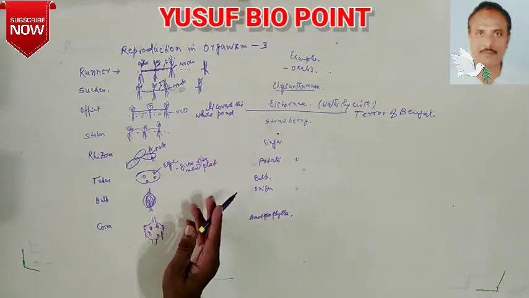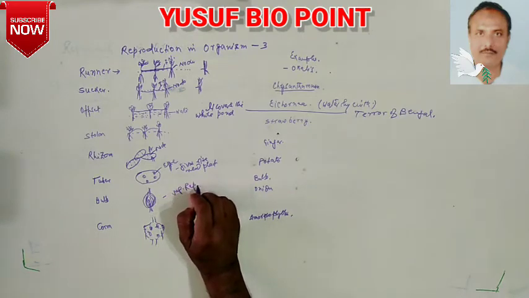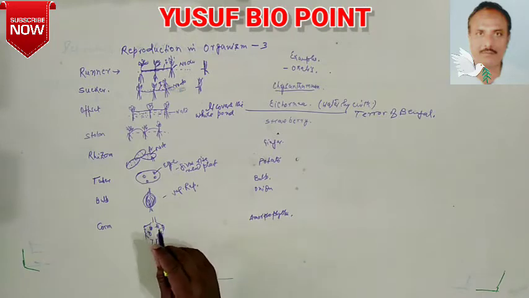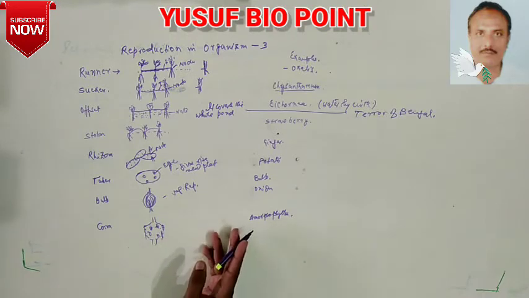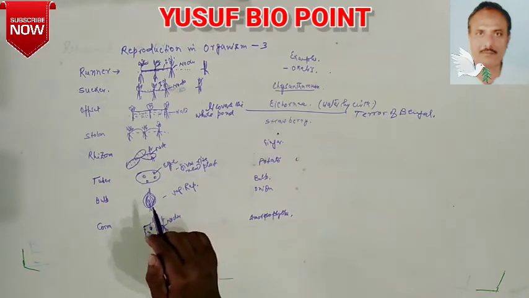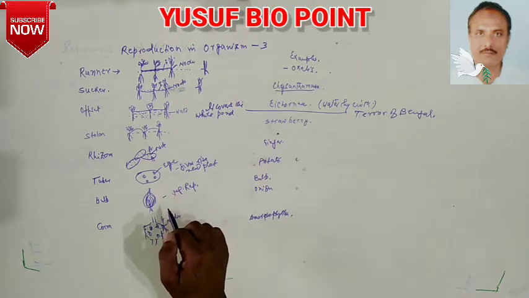Next one is bulb. Example, onion, which also helps in vegetative reproduction. In this, the axillary bud in the middle develops to give rise to new plants. Next one, corm. Example, amorphophallus. In this also nodes are present, and on maturation these nodes give rise to new plants. So these are the modified stems by which new plants develop, and so they take part in vegetative propagation.